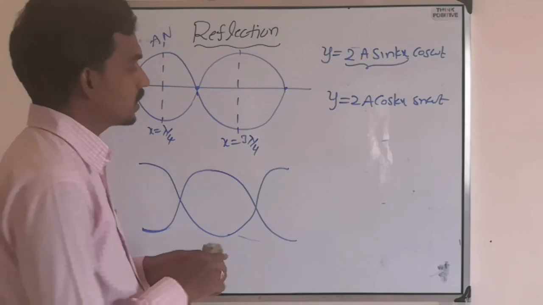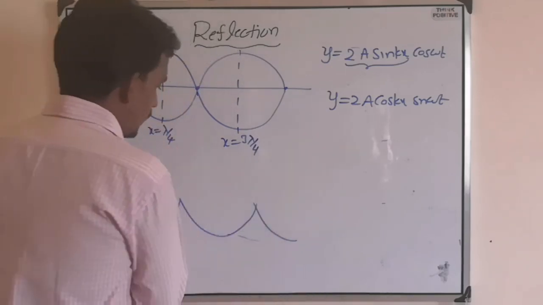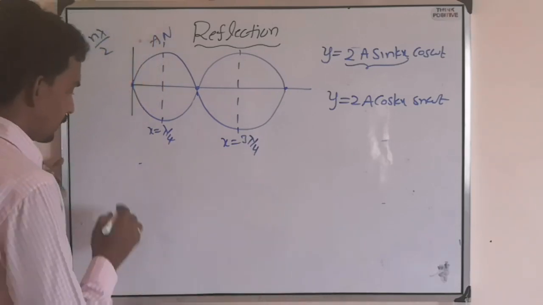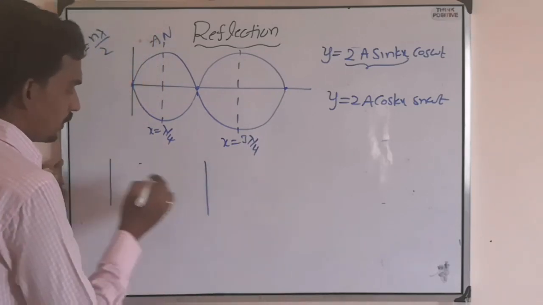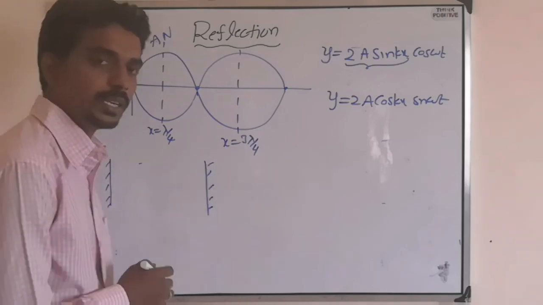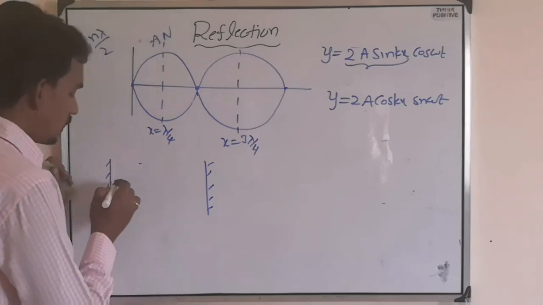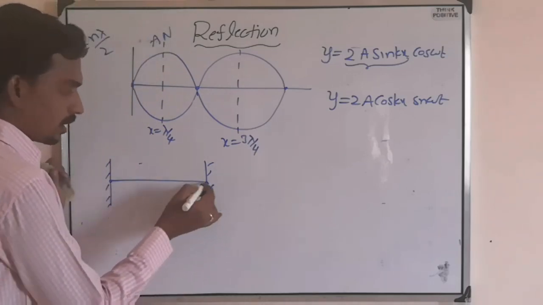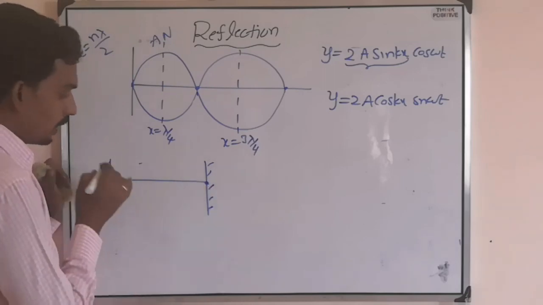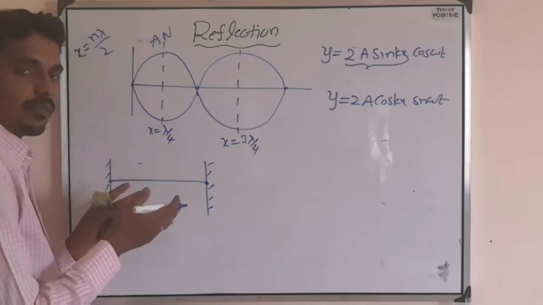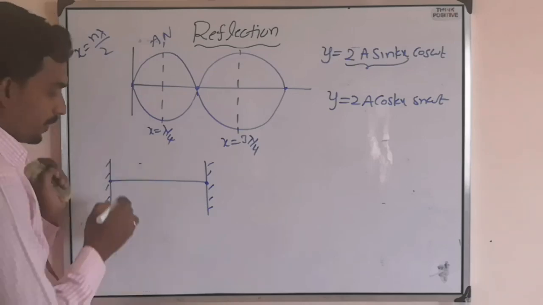So why I am telling this also, because in this chapter we will study two examples. One is standing waves between two fixed supports. So that here at rigid and fixed support always node will be there. So between two nodes, n number of nodes or antinodes will form.